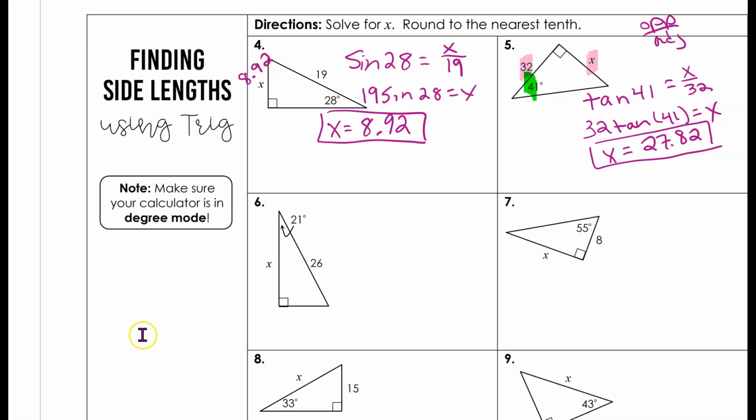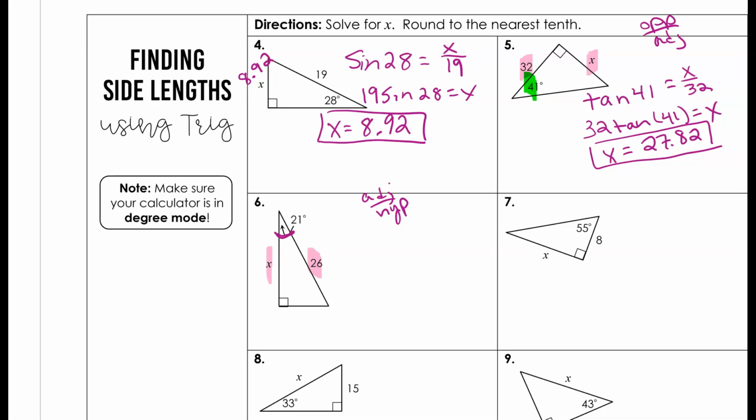Next problem that we're dealing with here, we're given 21 degrees. Let's highlight what it is that we're given. Well, we're looking for x, which is the adjacent side, and we're given the hypotenuse. Well, whenever I want to find adjacent over hypotenuse, I'm going to use cosine.